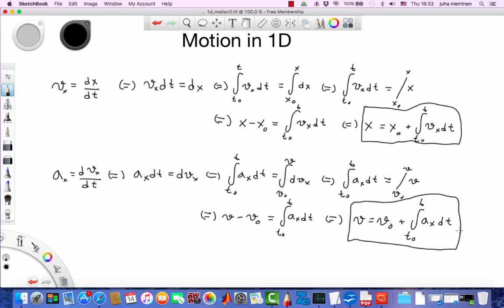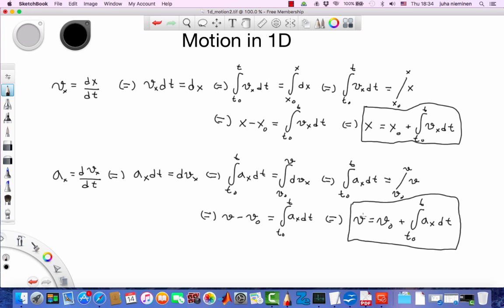So what do we have here with these cryptic looking integrals? Let's backtrack the whole thing. Let's imagine that we can keep track of the acceleration at all times. So if we know acceleration the whole time, and we also know the initial velocity, let's say it would be 0, for example, we get velocity at any given time by integrating from t0 to this any given time t.